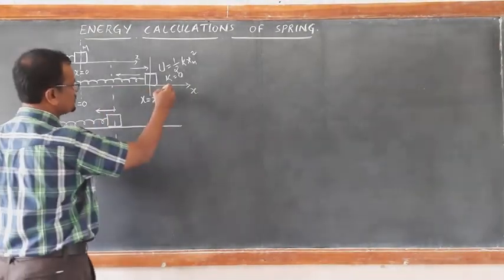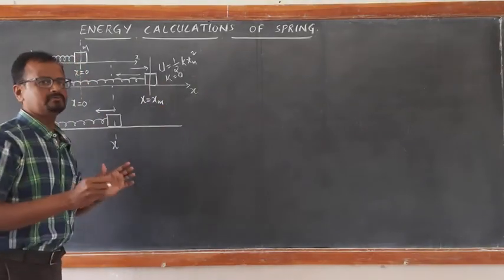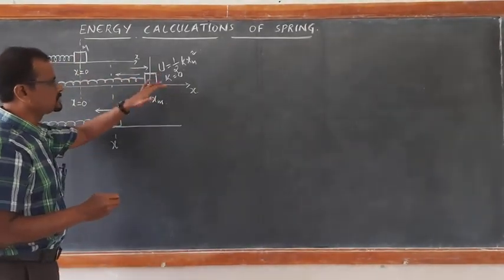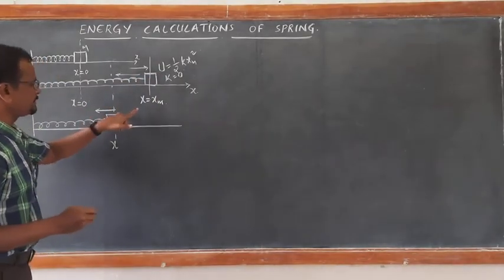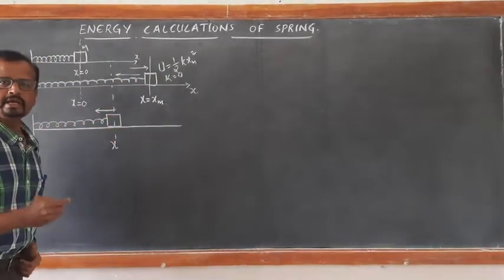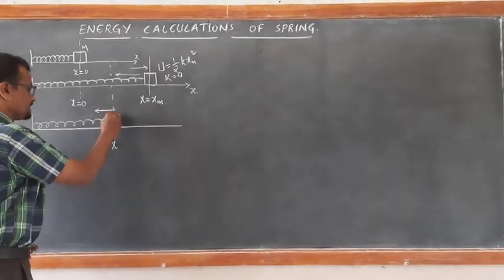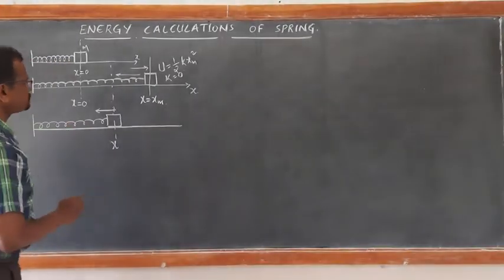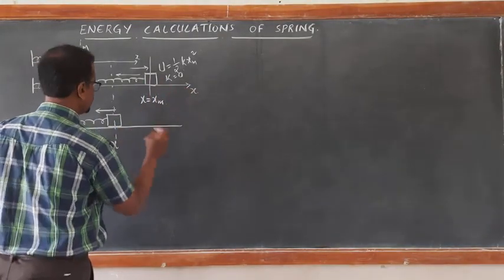Because of extension, it has stored energy in the form of potential energy. Now when it is released, the potential energy goes on decreasing, and at the same rate kinetic energy goes on increasing. So at this position x, what is its total energy? Let us calculate.